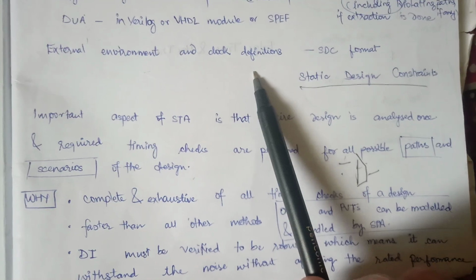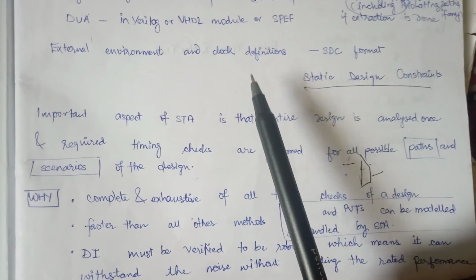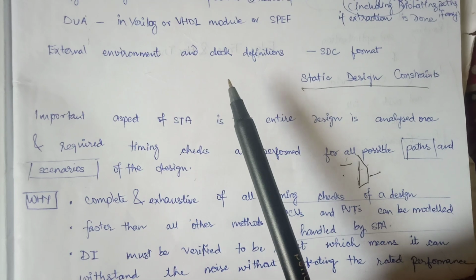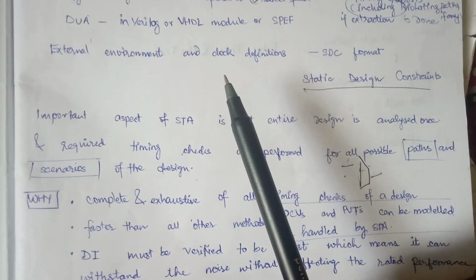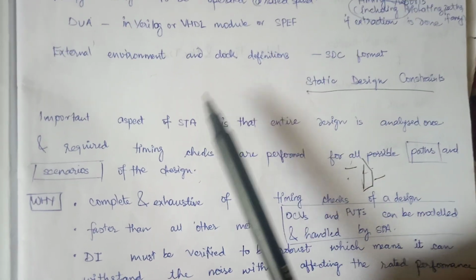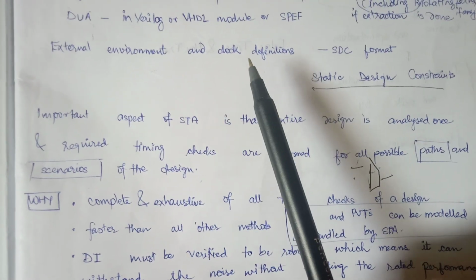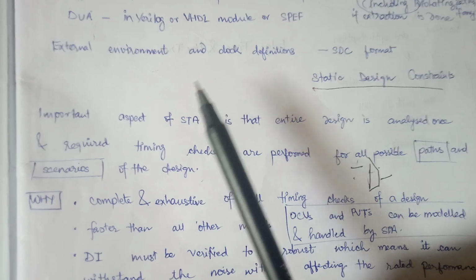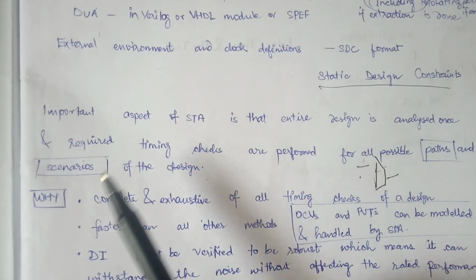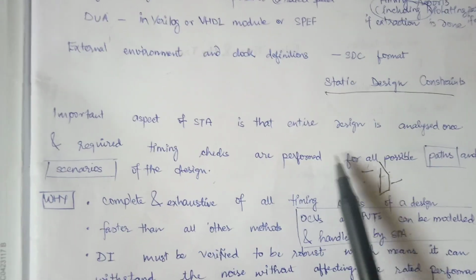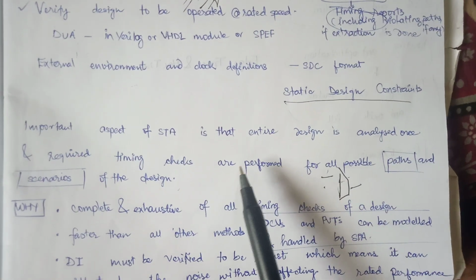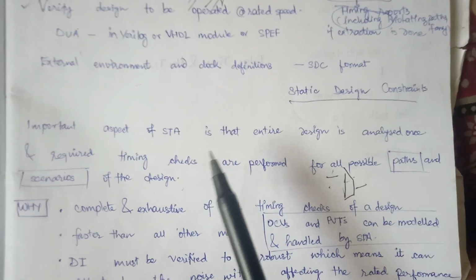Suppose you give an input and it goes through a clock domain. For example, you are giving a clock of 0 for a period of time, then you go to the timing analysis for that particular period only once, and thereafter the required timing checks are performed for all possible paths.